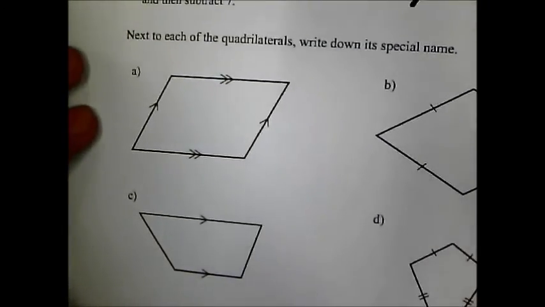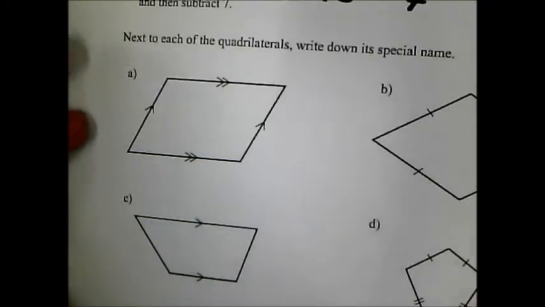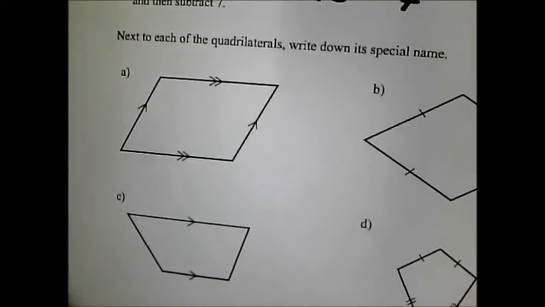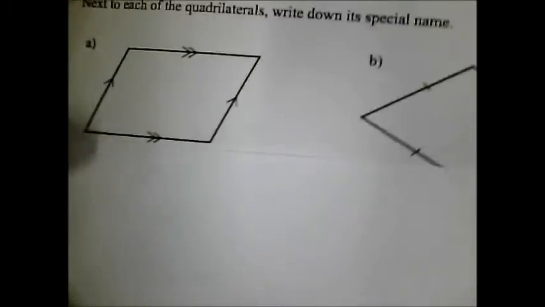Okay, for these ones I need the special names and the reason why. So I'm going to do this one on a separate piece of paper, so there's plenty of space for you to see. So for that first one, this is a parallelogram.